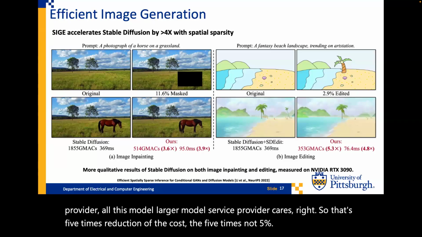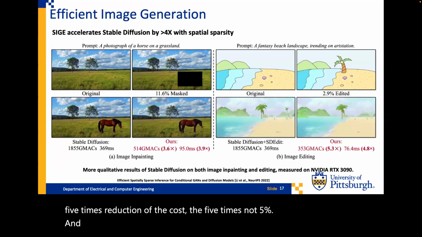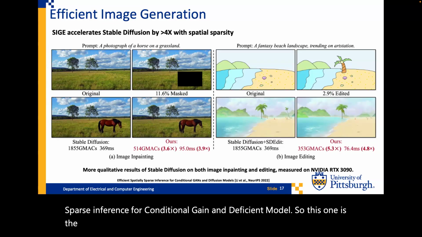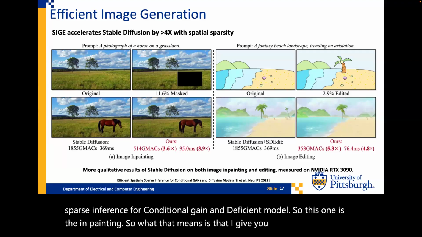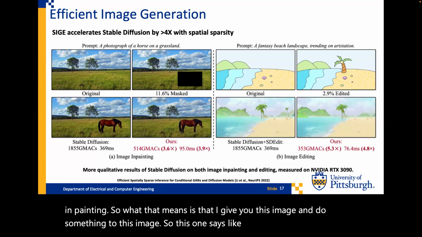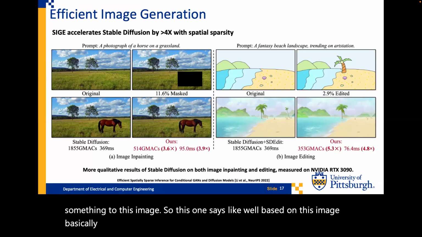And this is another paper, efficient spatial sparse inference for conditional GAN and diffusion models. This one is inpainting. What that means is I give you this image and do something to it. So this one says, based on this image, draw a horse on the grassland, and it can do that.